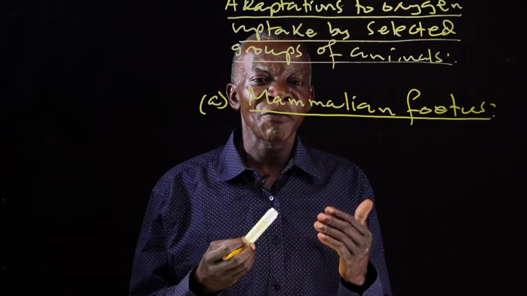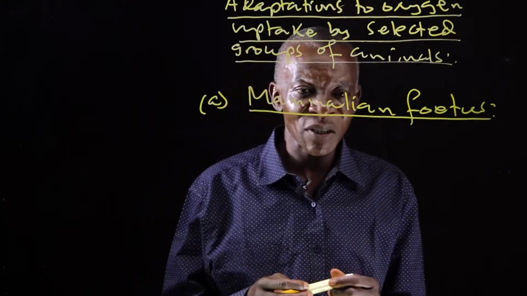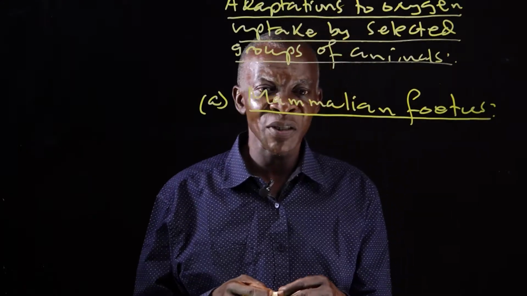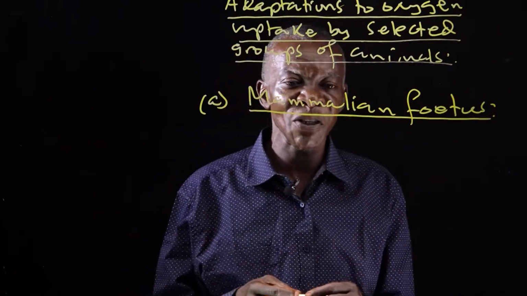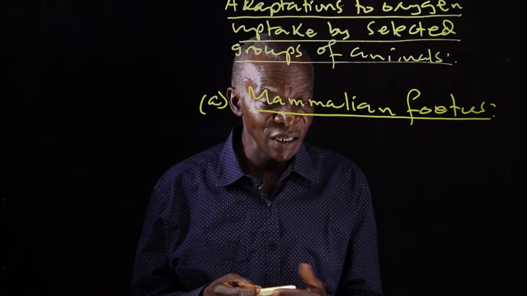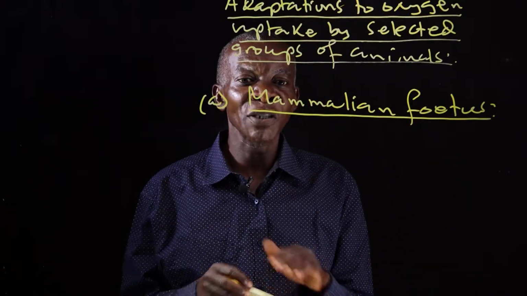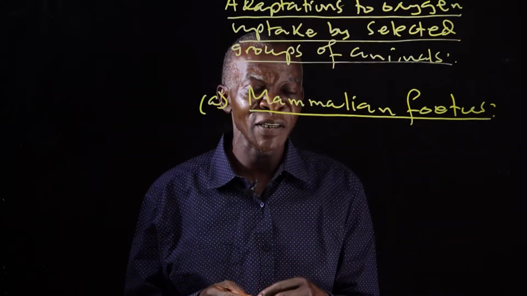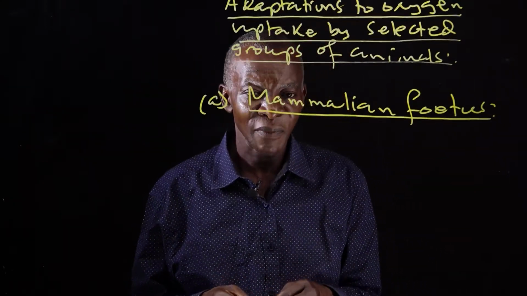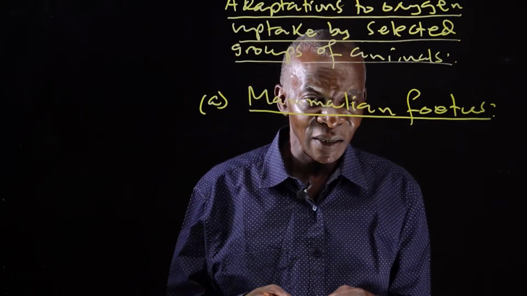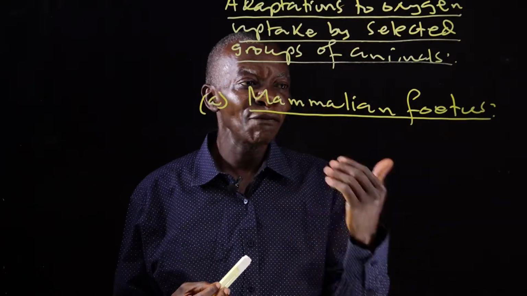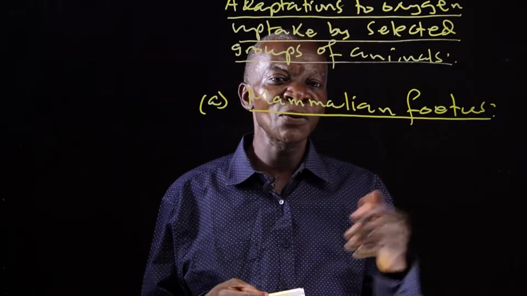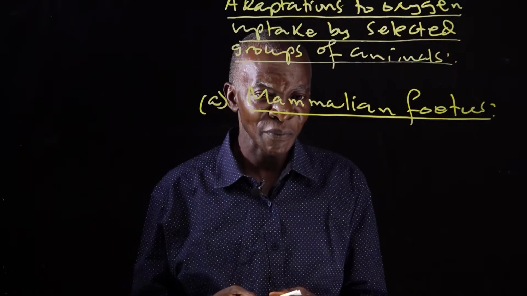Normally, the fetus gets oxygen for respiration from its mother, and this oxygen diffuses in across the placental barrier. From the mother, oxygen goes into the fetus across the placenta. And the carbon dioxide resulting from respiration in the fetal cells diffuses across the placenta into the mother's circulatory system.